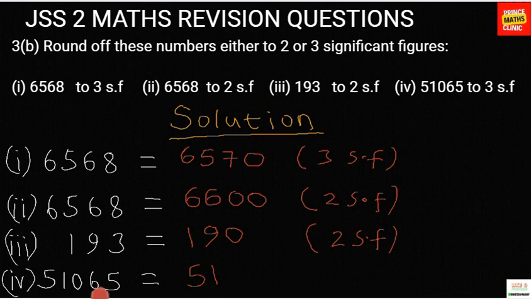We can round it up to 1, add it to 0. We have a 1. So these numbers become 0 and 0 to keep the place value of this particular digit the same. So this is it in 3 significant figures.